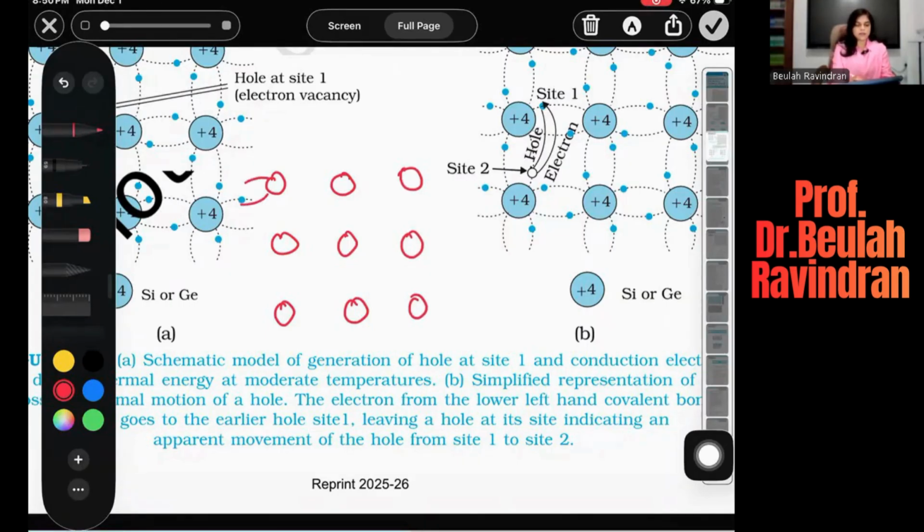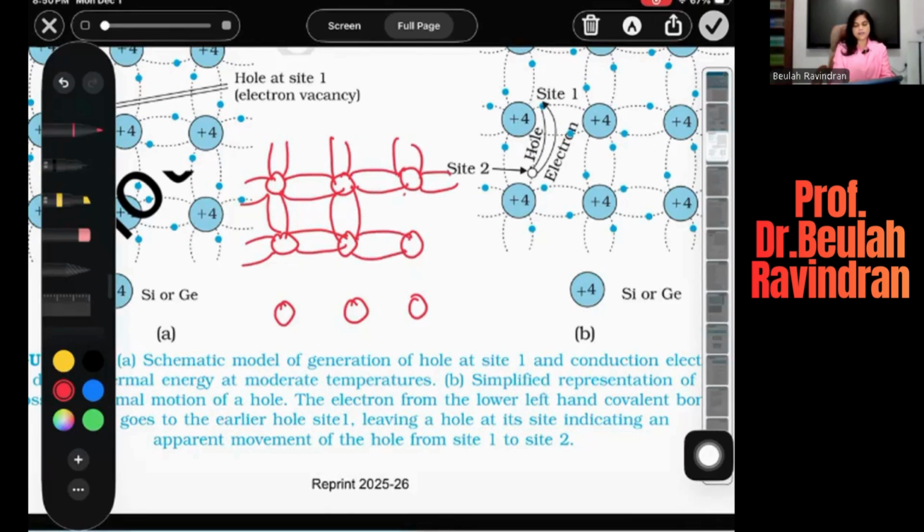First draw like this in order to explain the intrinsic semiconductor.